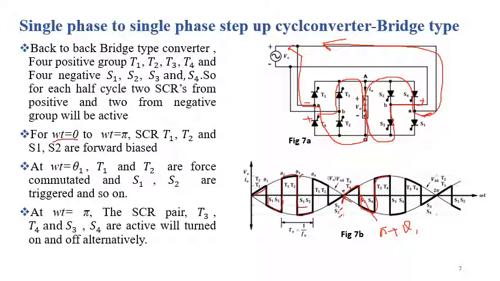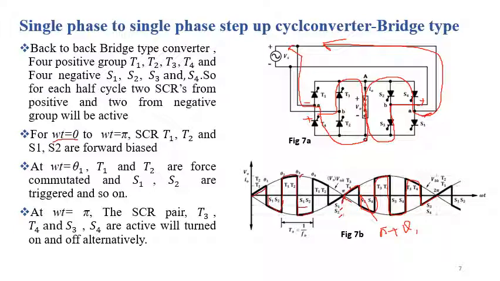Both the SCRs T3 and T4 from the positive group, and the SCRs S3 and S4 from the negative group will turn on and off alternately up to omega t equal to 2 pi, and we are getting the output voltage like this.